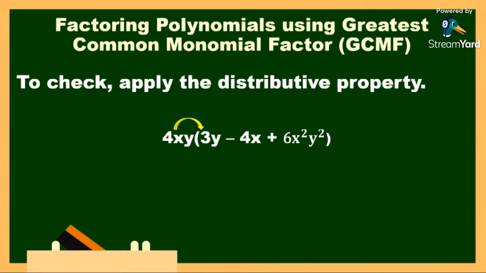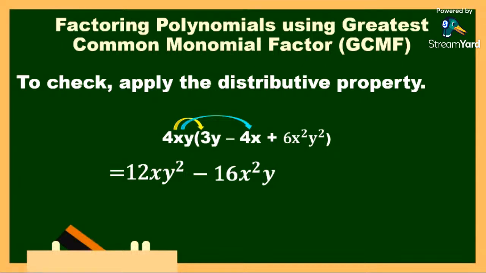So, 4xy times 3y is equal to 12xy squared. And then, i-multiply ulit ang ating GCMF na 4xy sa second term. So, 4xy times negative 4x, it results to negative 16x squared y. Kasi unlike sign, kaya negative yung sign.